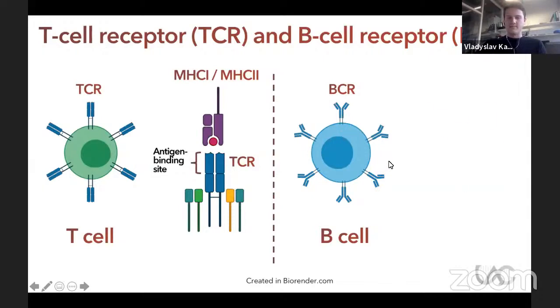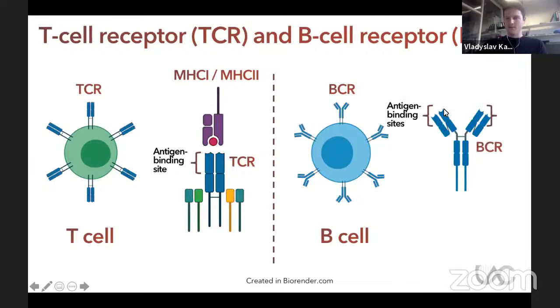The B cell receptor also has an antigen binding site that is unique for each B cell receptor within the individual. The only difference to the T cell receptor is that the B cell receptor can bind an antigen that is just floating in the solution. It means the B cell receptor doesn't need the antigen to be presented by other molecules as with the TCR.